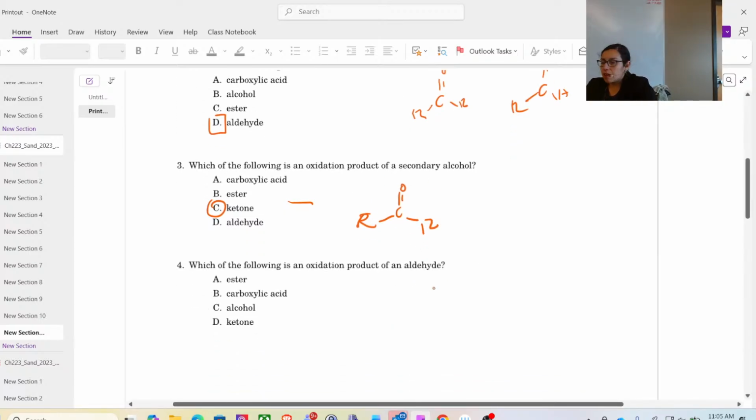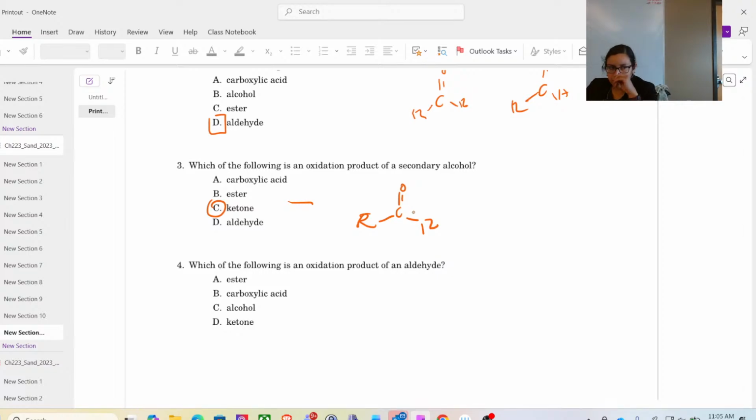And so this is almost a follow-up to 3, in that what's the oxidation product of our aldehyde then? So where it does have the ability to lose a hydrogen. So then what's the oxidation product of this?